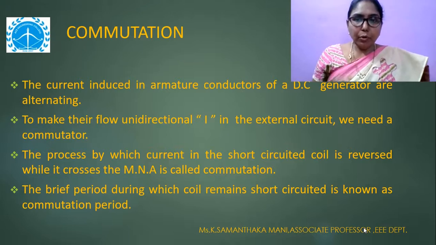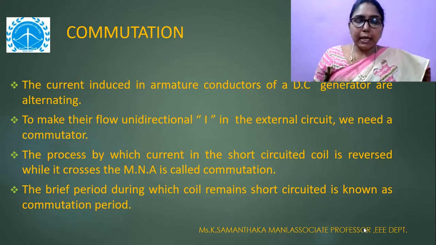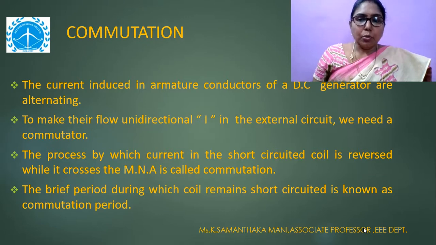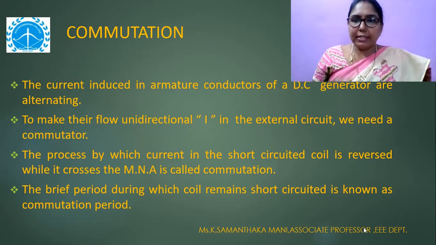Before going to that, it is known to us that the currents induced in the armature conductors of a DC generator are purely alternating. Then why is it called a DC generator? At the end of the shaft of the DC generator, we place a part called the commutator, and this commutator has segments. We have studied the construction of the commutator in the constructional parts of the DC generator.